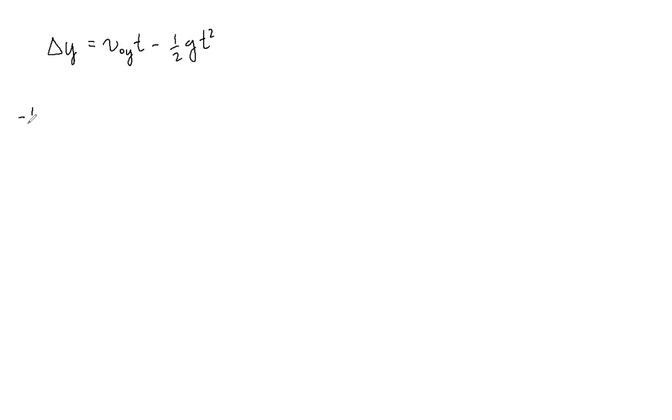We have minus 1/2 gt squared plus v0y t. We subtract delta y from both sides, so we get minus delta y equal to 0.